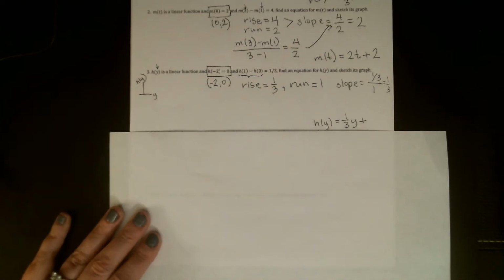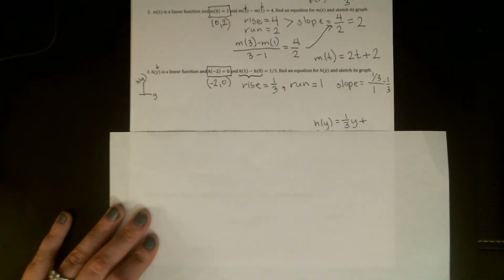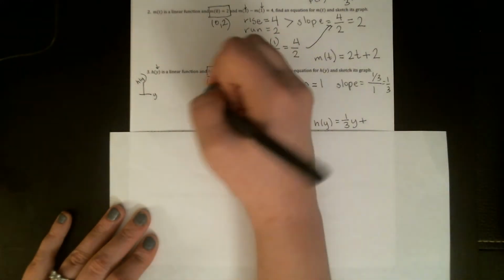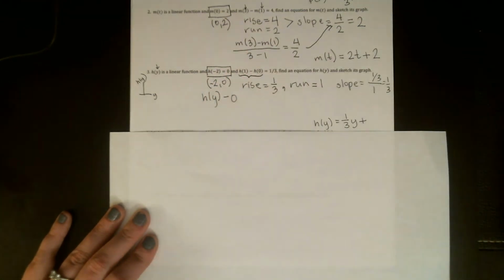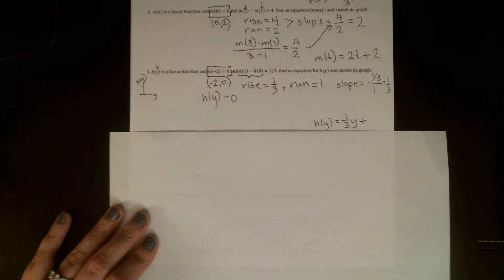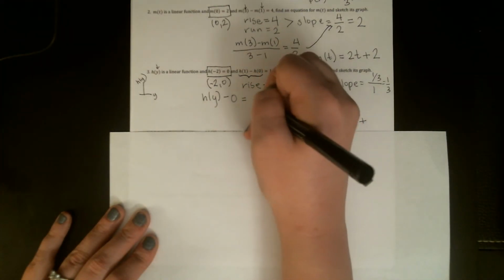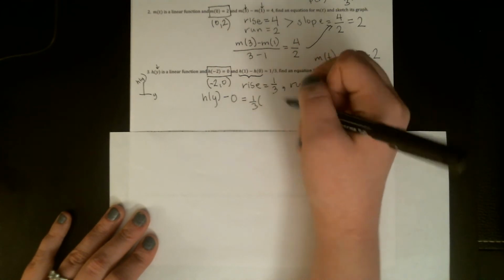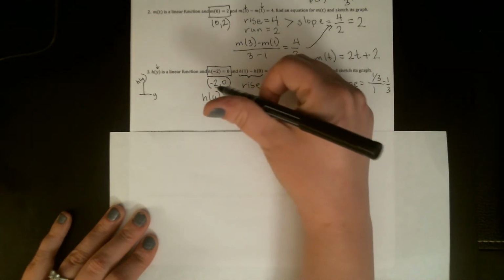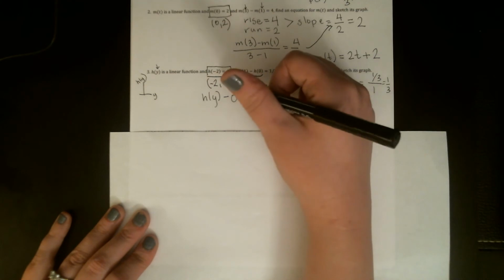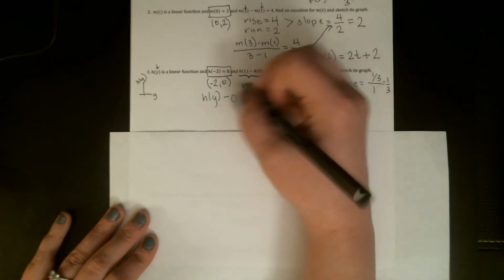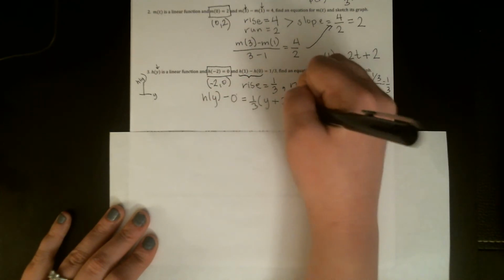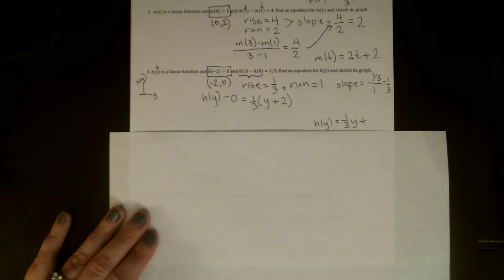Okay, so what we know so far is that our slope is 1/3 and that the line goes through the point -2, 0. So according to point slope form, if we take h of y minus our specific y value, this is actually going to work out beautifully here, 0, that should equal the slope multiplied by y minus our specific input, because it's minus the -2, it will become a +2.